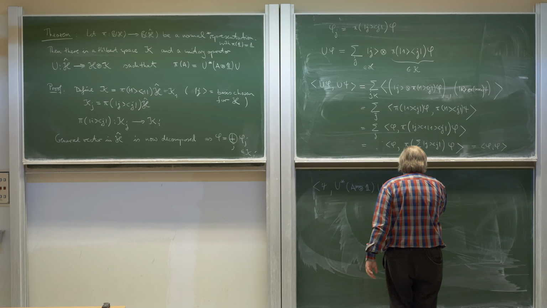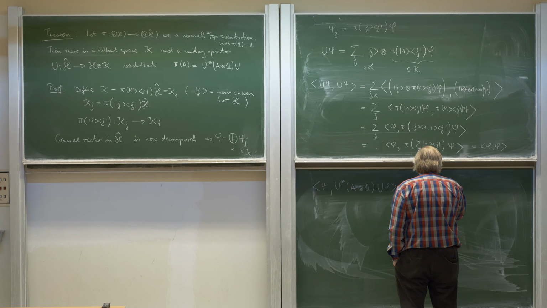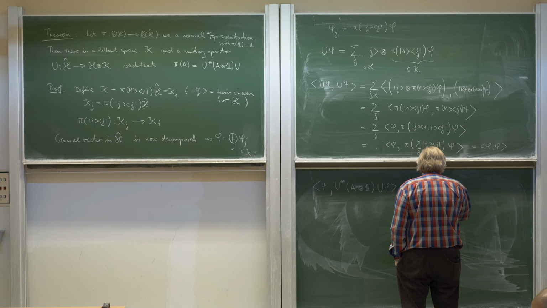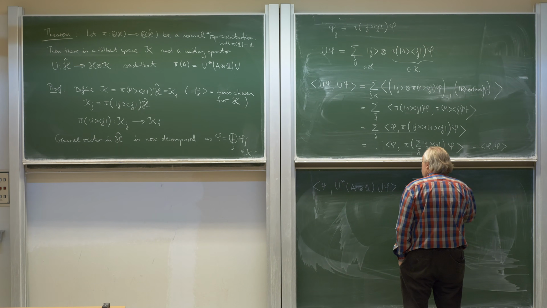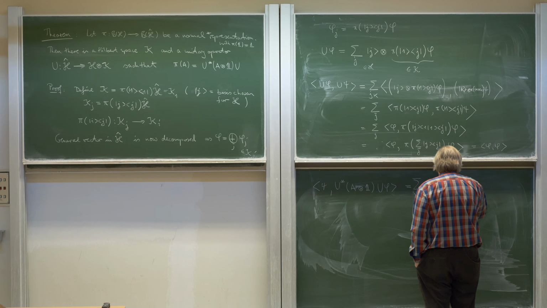So this is the sum over jk. And then here we have j, tensor pi of 1j.